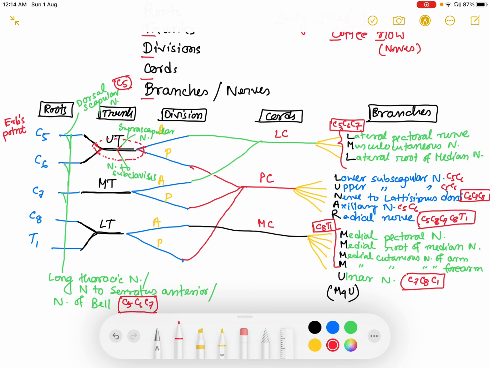Each trunk divides into anterior and posterior divisions. Anterior divisions of the upper and middle trunks join to form the lateral cord. All the posterior divisions join to form the posterior cord, and the anterior division of the lower trunk itself forms the medial cord. Then the branches: from the lateral cord LML, from the posterior cord LUNAR, and from the medial cord M4U. And then you have to know the root values of each and every nerve. So this is all about today's very important topic, the brachial plexus.